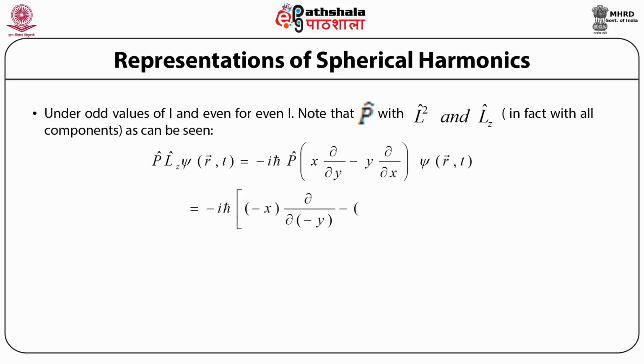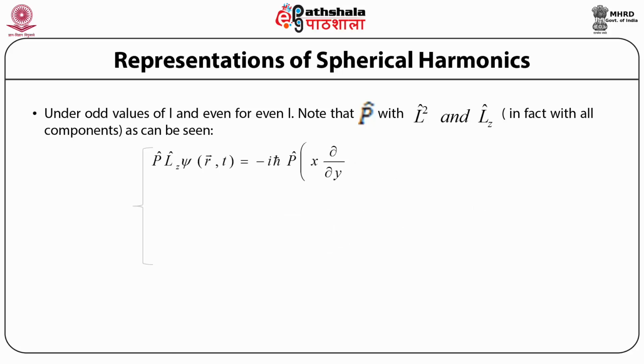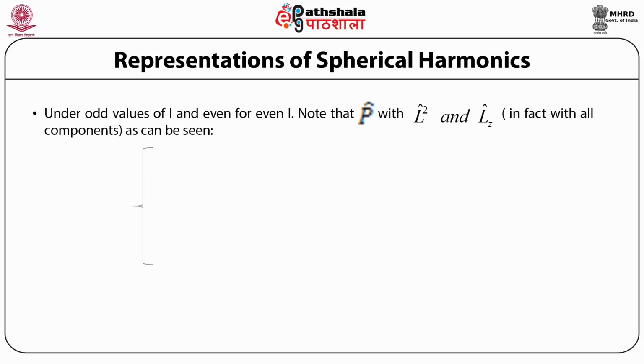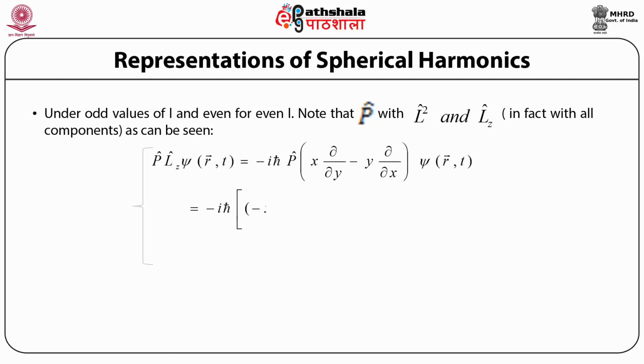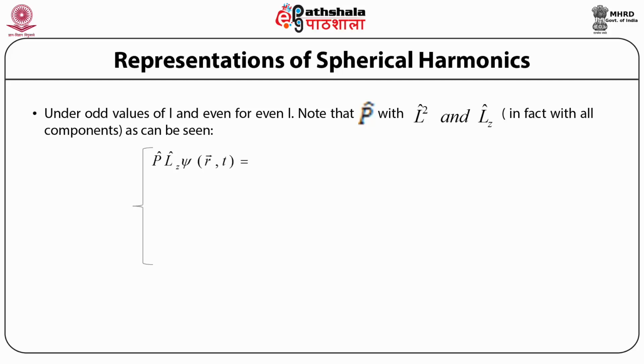Operator P acting on operator Lz acting on the wave function psi(r, t) is equal to minus iota times h cross times operator P acting on (x times del by del y minus y times del by del x) times psi(r, t), where r is the position or radial vector and t is the time component.